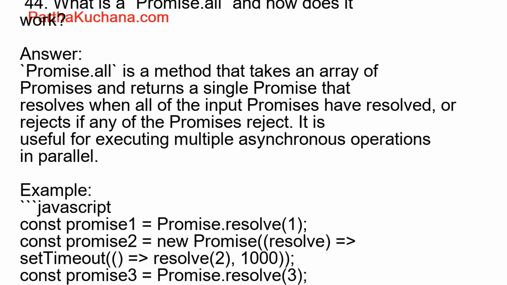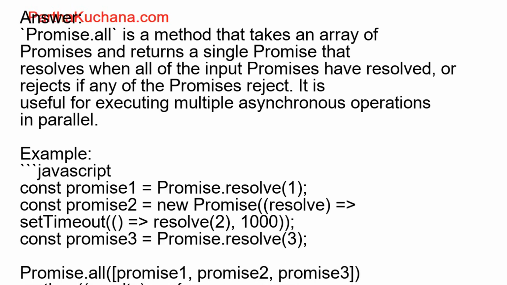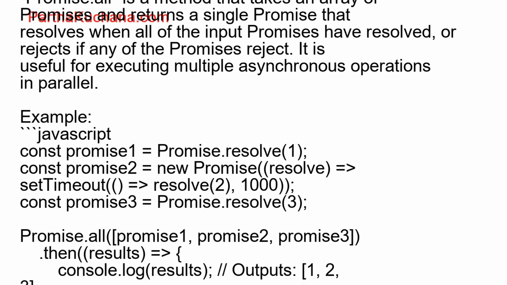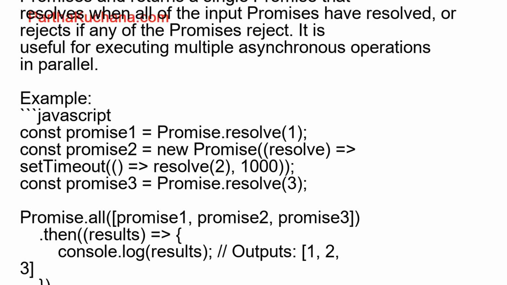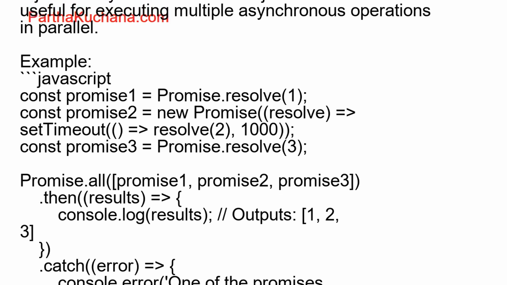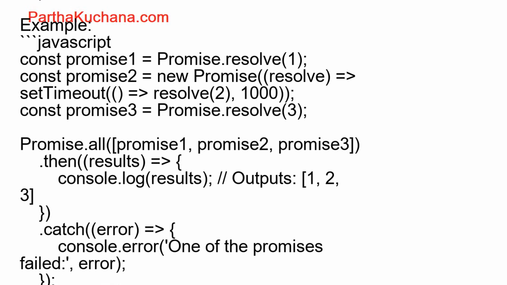46. What is the instanceof operator in JavaScript? Answer: The instanceof operator is used to check whether an object is an instance of a particular constructor or class. It returns a Boolean value, indicating whether the prototype property of the constructor appears anywhere in the prototype chain of the object. Example.